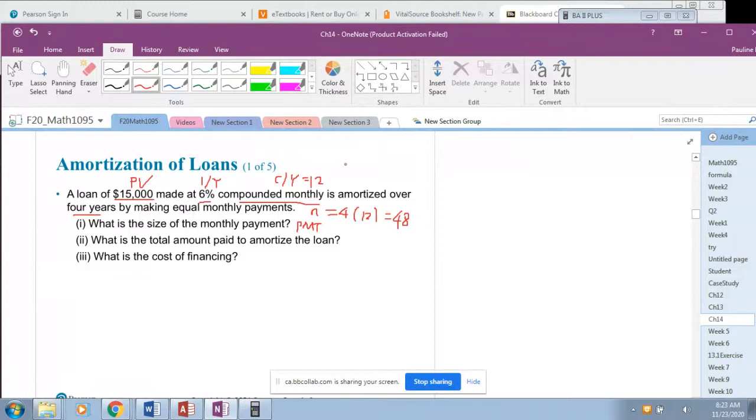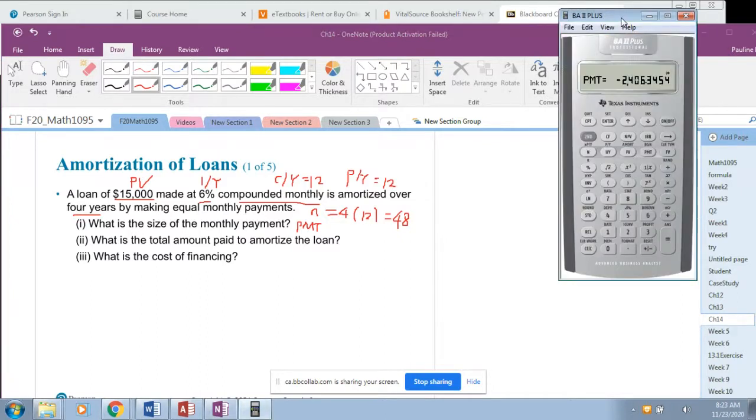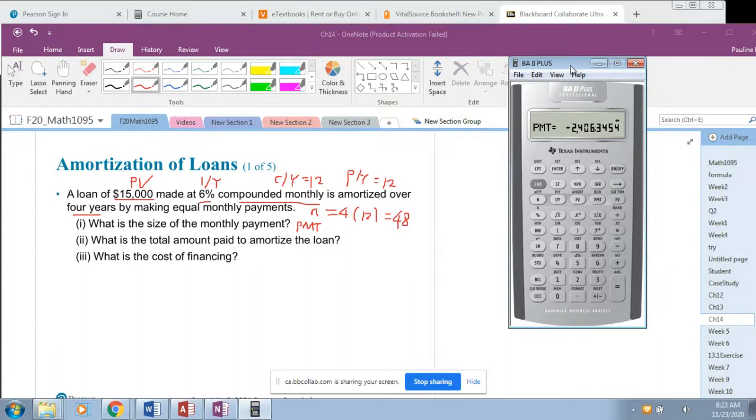Equal monthly payment means PY equals 12. Once you figure this out, you can use a calculator.